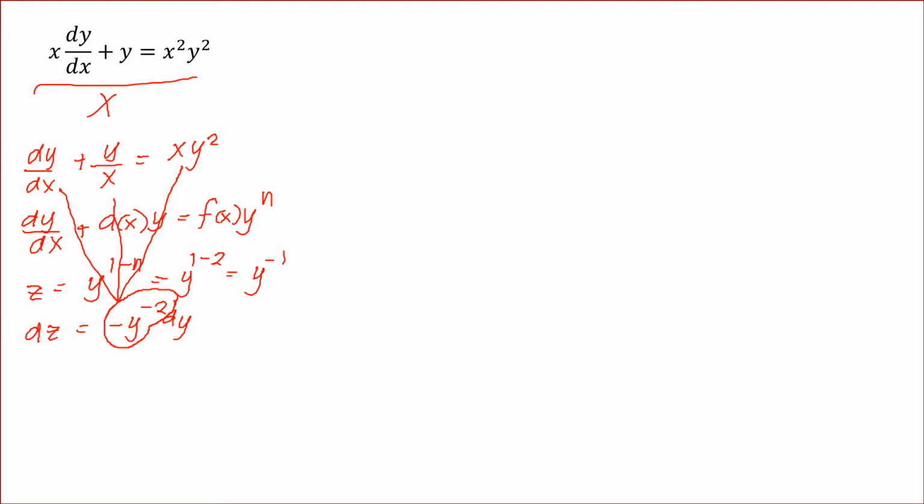So this becomes negative y to the power of negative 2 dy over dx minus, since we have a y here, this becomes y to the power of negative 1 over x, which is equal to negative x.